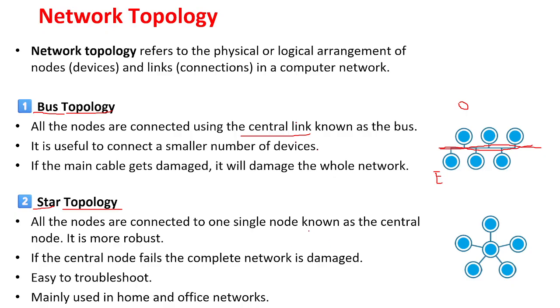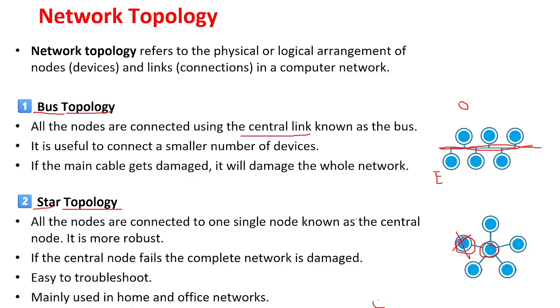The advantage we have here over the bus topology is that any single node failure will not affect the other nodes. Suppose this node fails, it will not affect the other servers. But again, we have one condition here: if the central server itself fails, the whole system will fail. That's the major drawback it has.